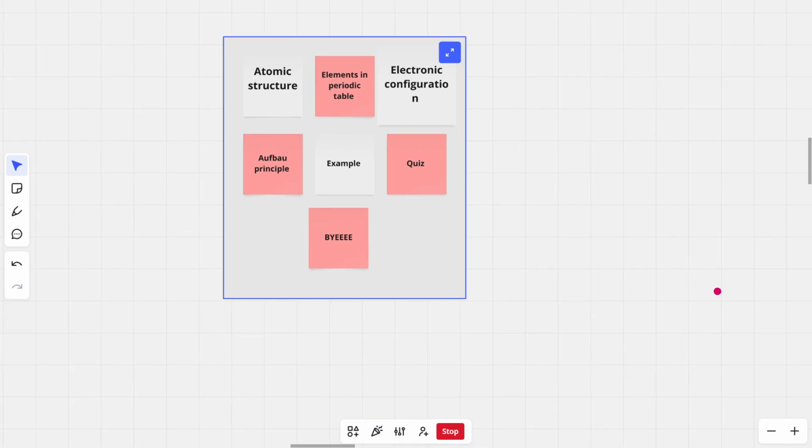We have completed atomic structure, elements in the periodic table, electronic configuration, and you can solve anything. Like you can do the electronic configuration of chlorine, bromine, aluminium, and you're good to go then. Okay, bye guys. Allah Hafiz.